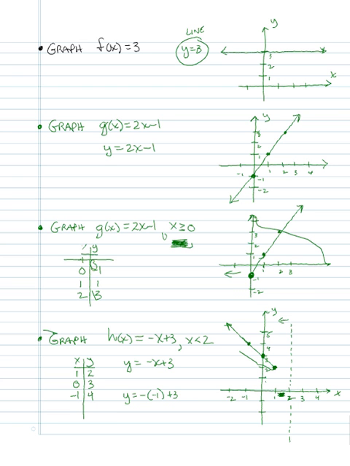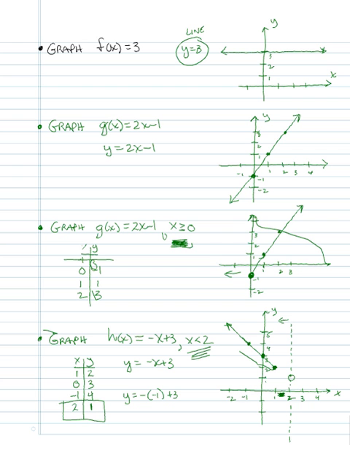So here's the way I handle this. I'm not allowed to use 2 because x has to be less than 2. But suppose I did. Suppose I used 2 and calculated the y. I'd get negative 2 plus 3, or 1. So 2 comma 1, if I could use 2, would be on the graph. Where is 2 comma 1? Well, it's right there.